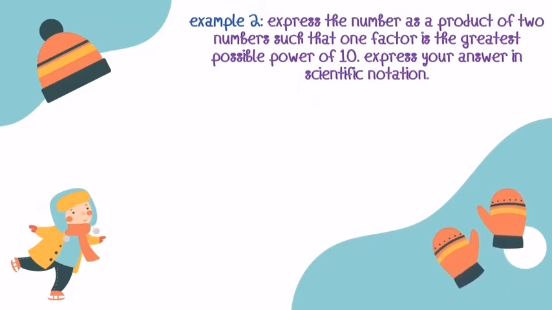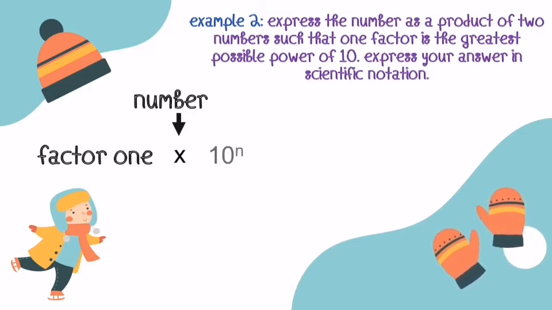We have here our second example. Express the number as a product of two numbers such that the second factor is the greatest possible power of 10. Express your answer in scientific notation. So a while ago, we used a large number, and that is 12 million. Now, let us use a small number.